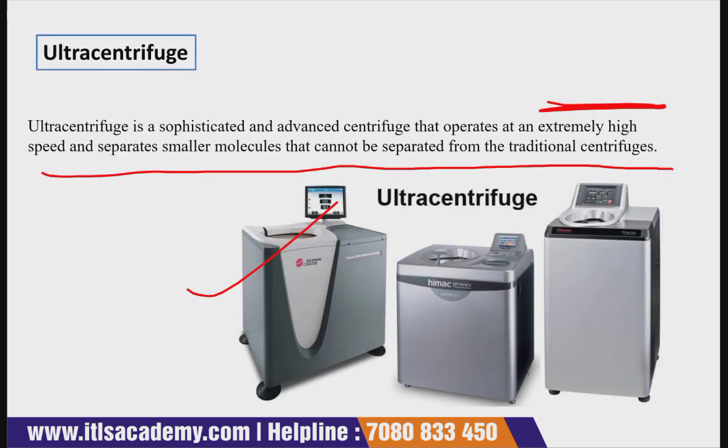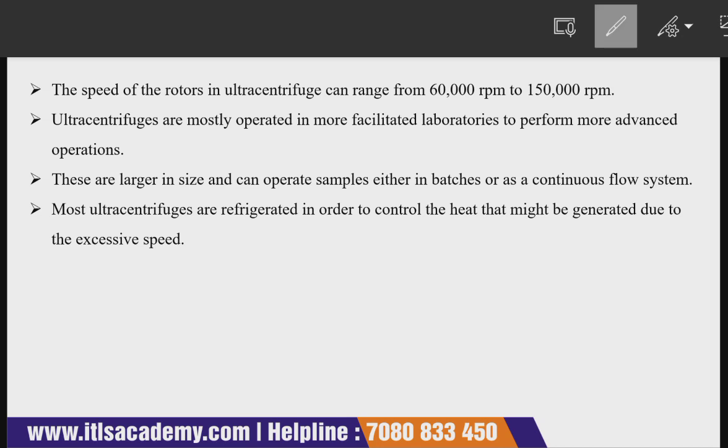This point is very important in interviews. Sometimes they ask you the speed of the rotors. The speed of the rotor of the ultracentrifuge ranges from 60,000 rpm to 1,50,000 rpm. So this is very important.